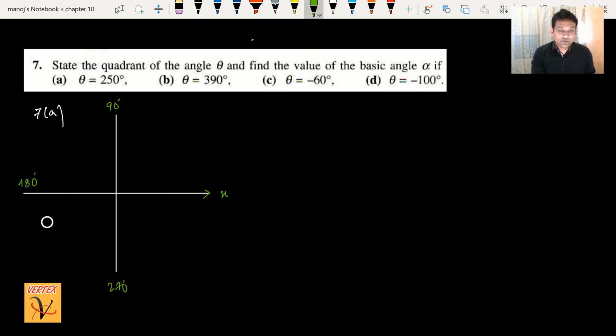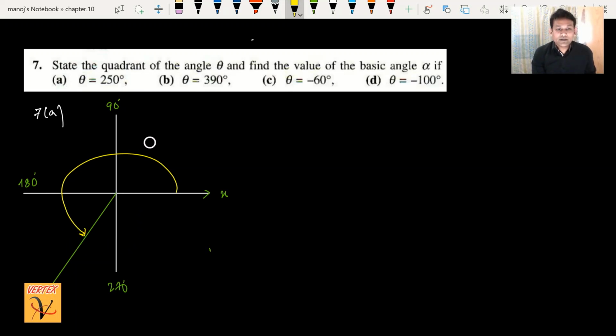Again, when we make one complete rotation, theta of 250 degrees will definitely be here, in the third quadrant. When I draw it, it will be just estimated here, 250 degrees. This is the first line I have drawn for part A. So which quadrant is this?